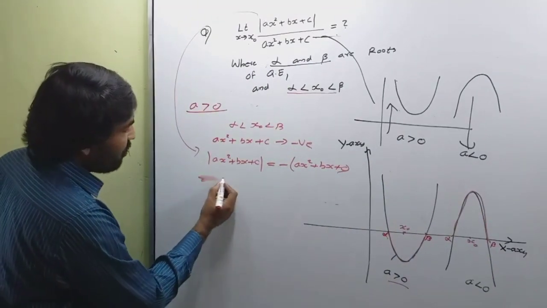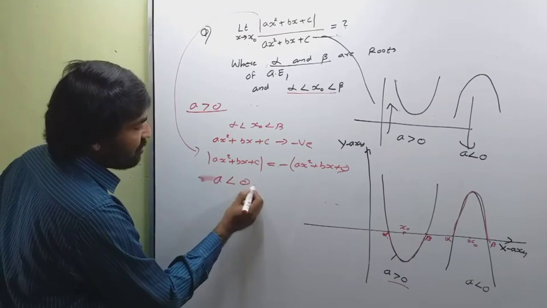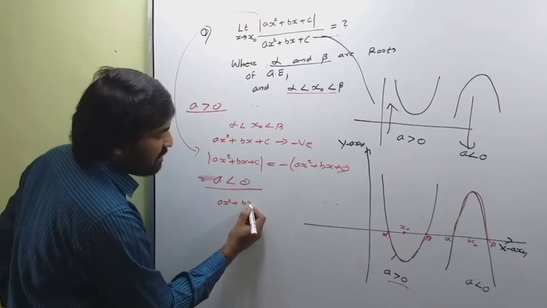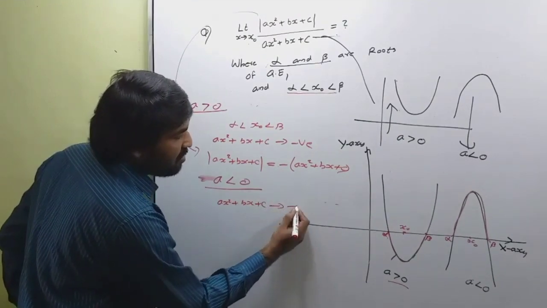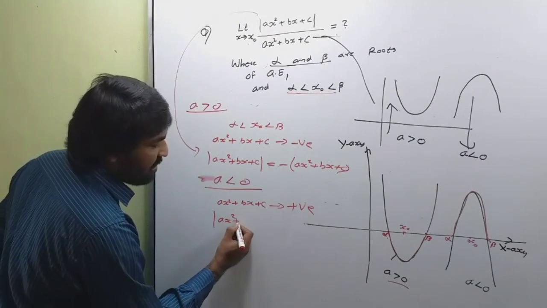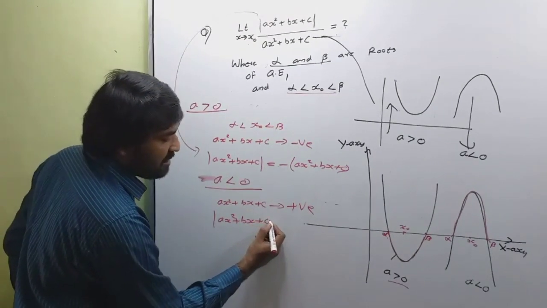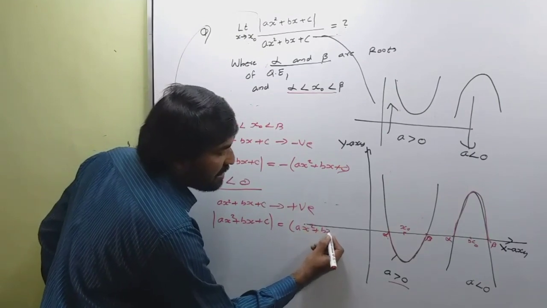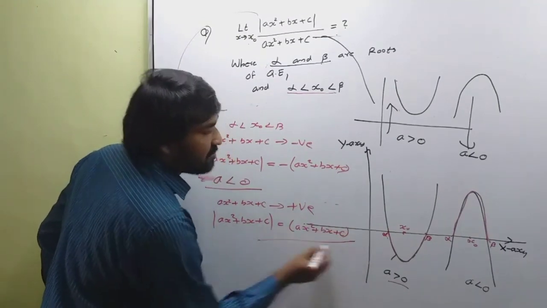So for a less than 0, ax square plus bx plus c is positive. That means mod of ax square plus bx plus c is equal to ax square plus bx plus c.